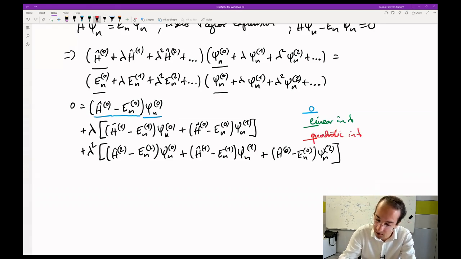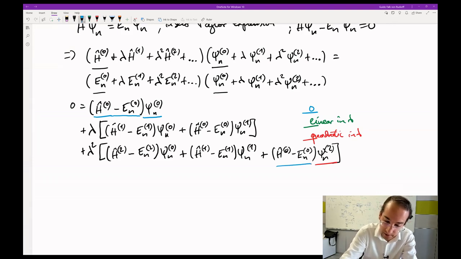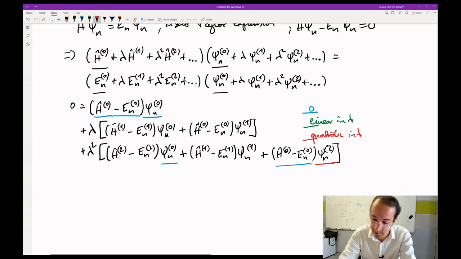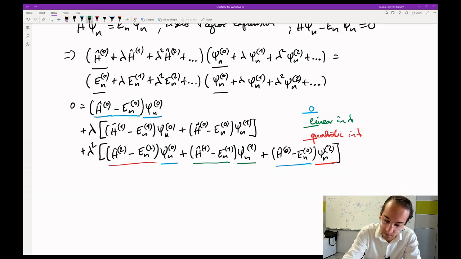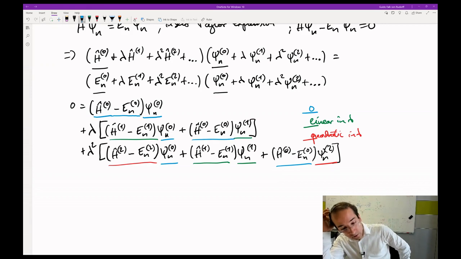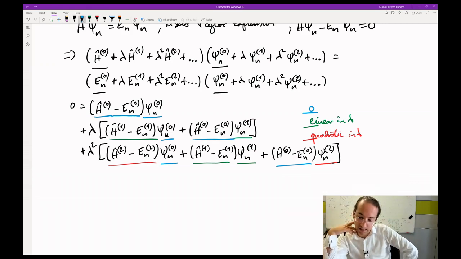And then here you have a combination of something which is quadratic and something which is 0th order in lambda, or for the other term, for the first term, it's the other way around. And you can have the case where something which is linear in lambda times linear. So the orders in lambda always need to be combined to 2. And the middle one, we have this kind of configuration where there's always one term which is 0th order in lambda and one is linear.